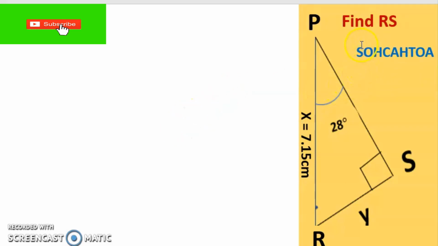It becomes sine 28 degrees equal to opposite over hypotenuse. So what is our opposite? Our opposite is what we are looking for, which is Y. What is hypotenuse?